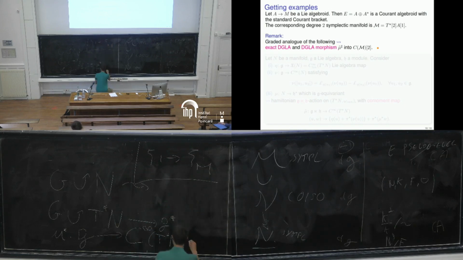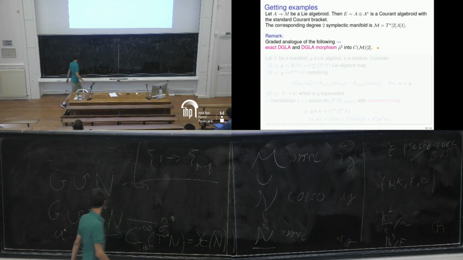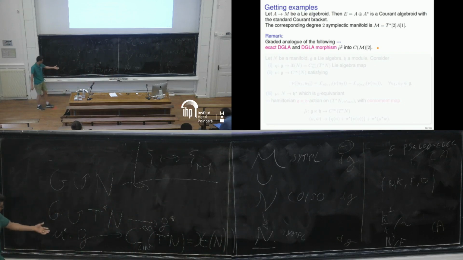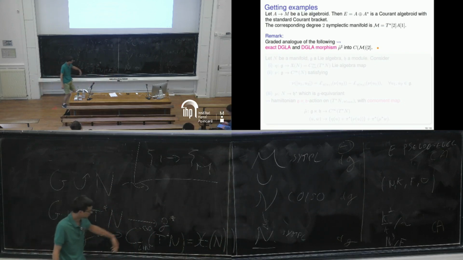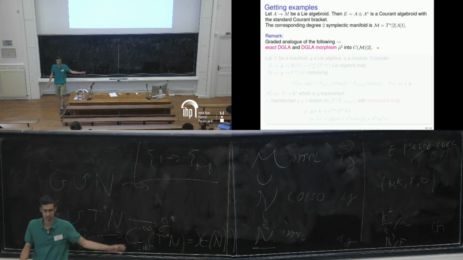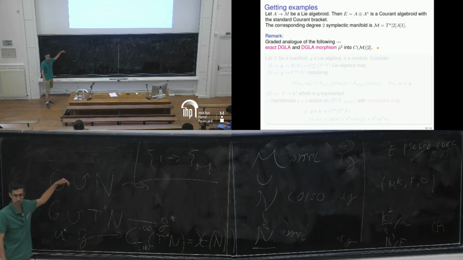Because the map takes values in fiber-wise linear functions, and fiber-wise linear functions on the dual of a vector space are just sections of that vector space. So the co-moment map is a map from the Lie algebra into vector fields on N. That's just the infinitesimal action corresponding to the original action. So this is from classical symplectic geometry.